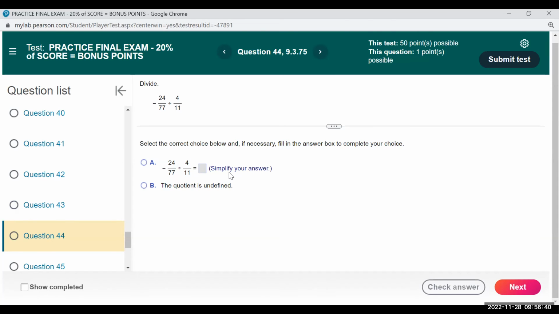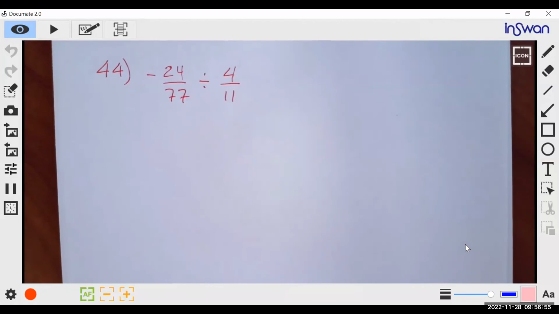-24/77 divided by 4/11. So how do we set this equation up?